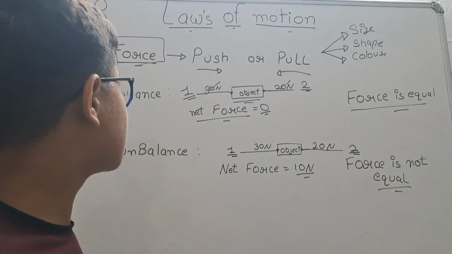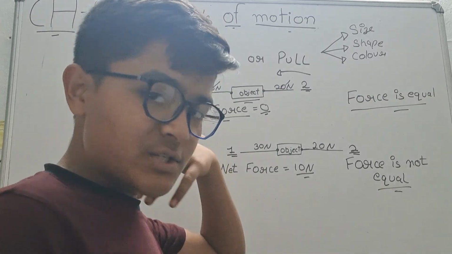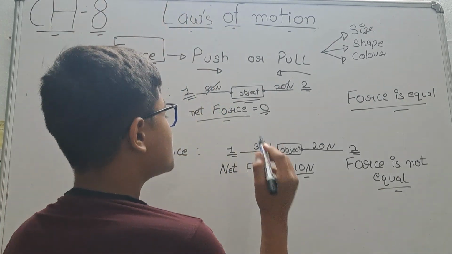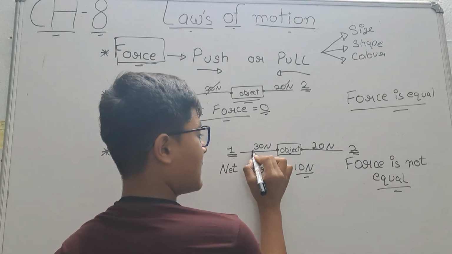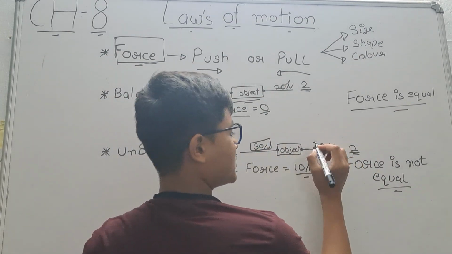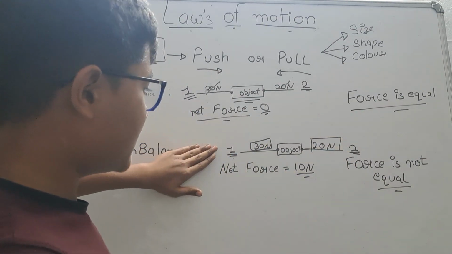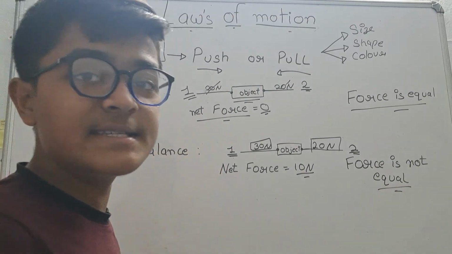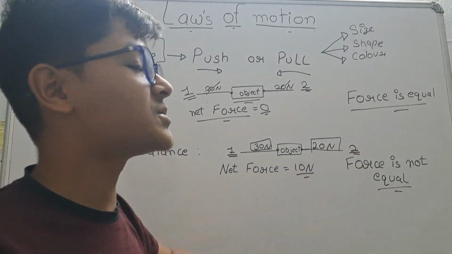And what is unbalanced force? The force which is not equal from both sides is known as unbalanced force. In the example of unbalanced force, person 1 was applying 30 Newton of force and person 2 was applying 20 Newton of force. So person 1 is applying 10 Newton more force than person 2.